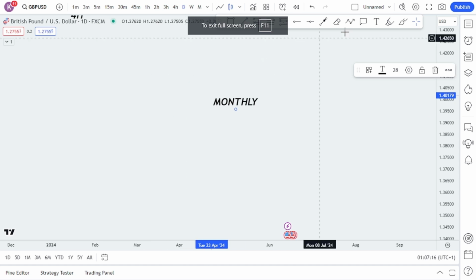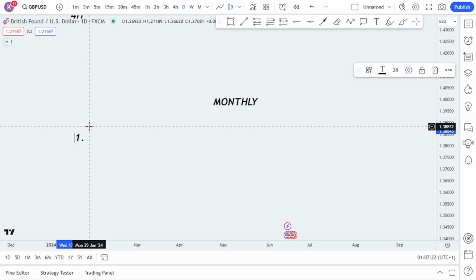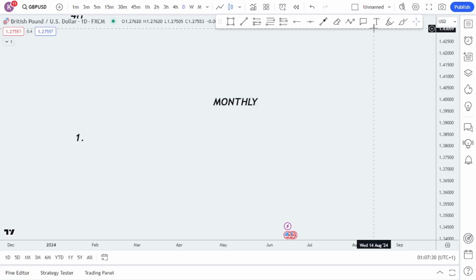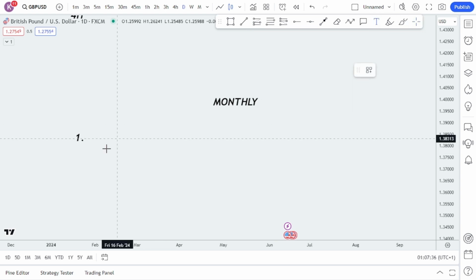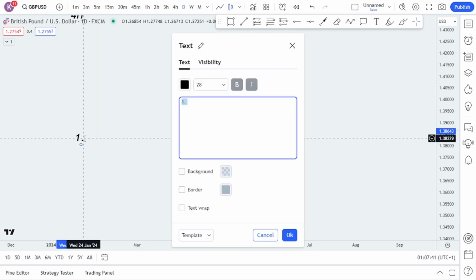First things first, number one, use your eyes to understand order flow.